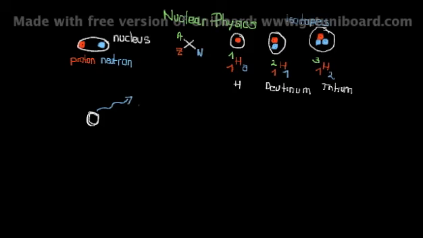The first type of radiation is the alpha radiation. Another type of radiation that we have from the nucleus is the beta radiation. And the third one is the gamma radiation.